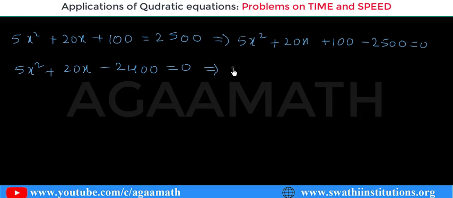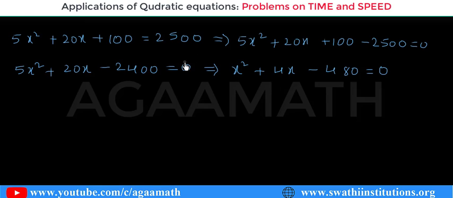So I get x square plus 4x minus 480 equals 0. Now we have to factorize this x square plus 4x minus 480, right?